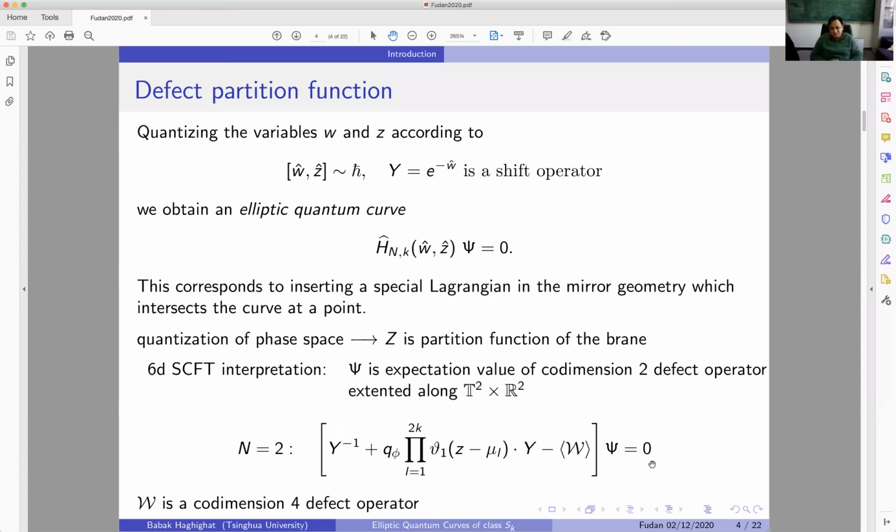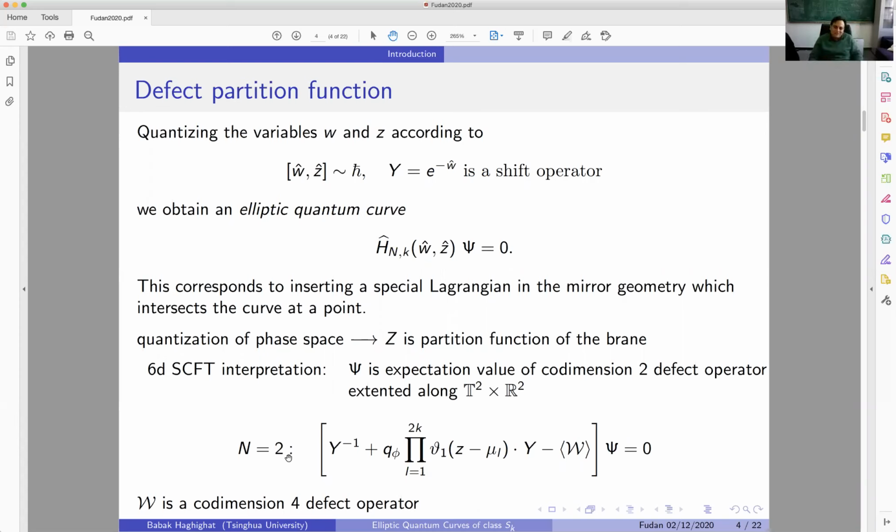So this psi only includes the codimension 2 defect operator, but not the codimension 4. No, but as I will argue later, this product, W times psi, can actually be thought of as a coupled system.